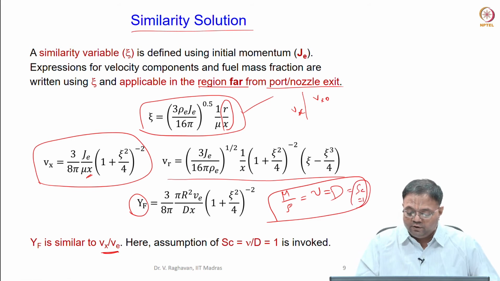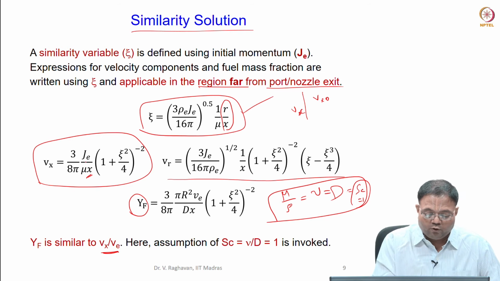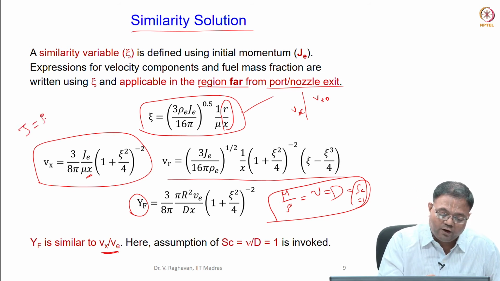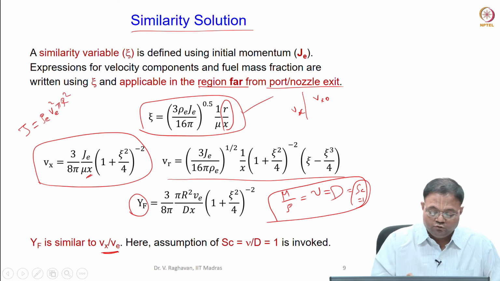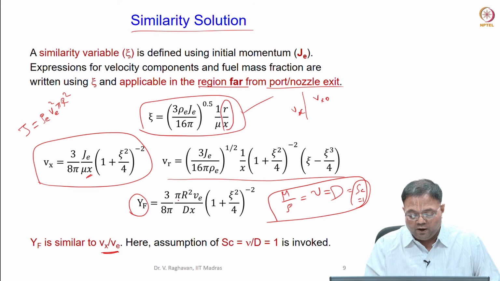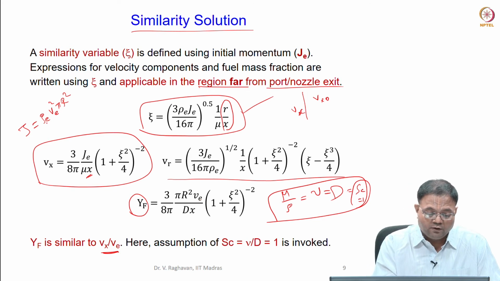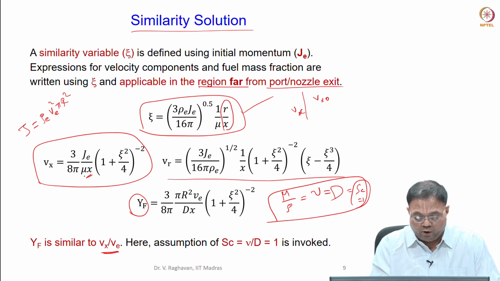When I apply the Schmidt number equal to 1, I take rho e from the Je. Je is nothing but rho e Ve square pi r square. When I substitute pi r square Ve square here, Ve stays here, then rho e comes to the bottom. So, mu e by rho e will be d.